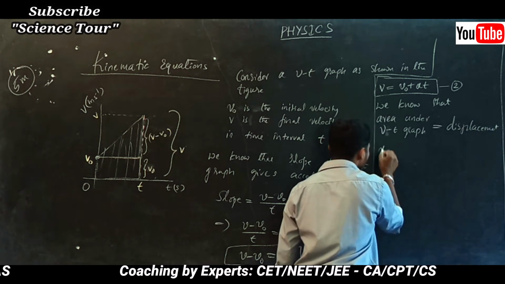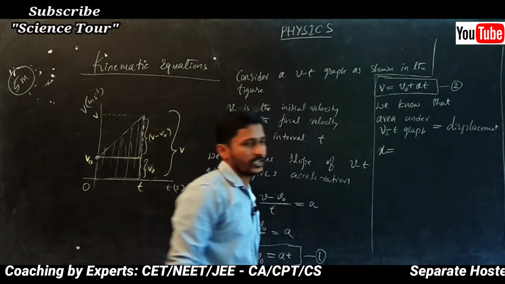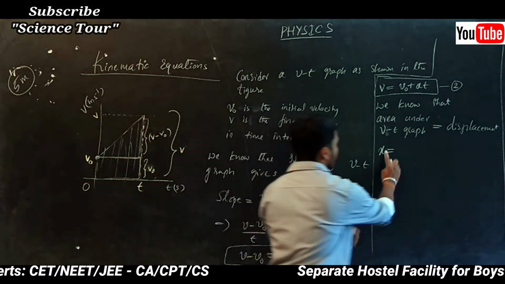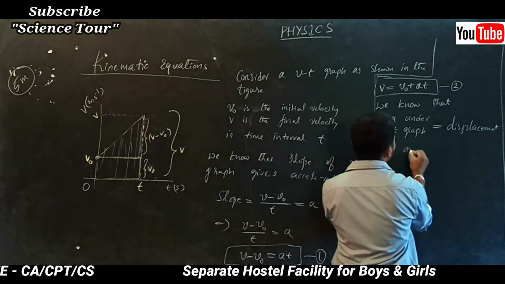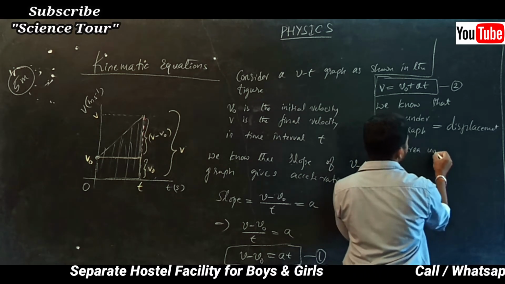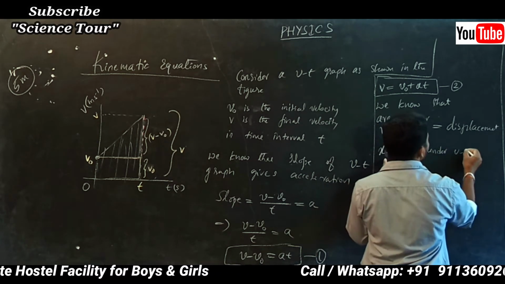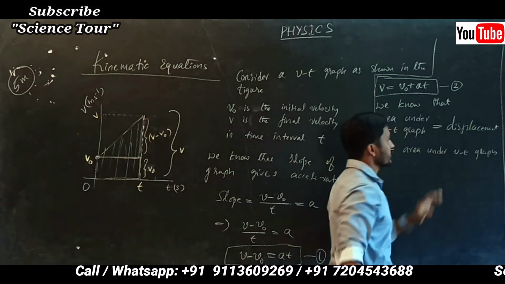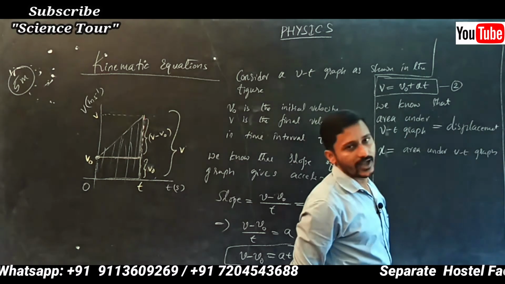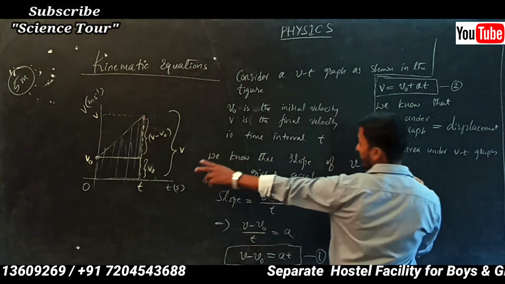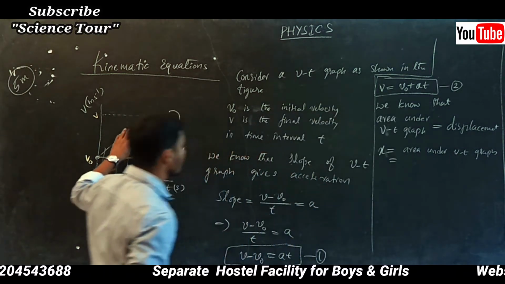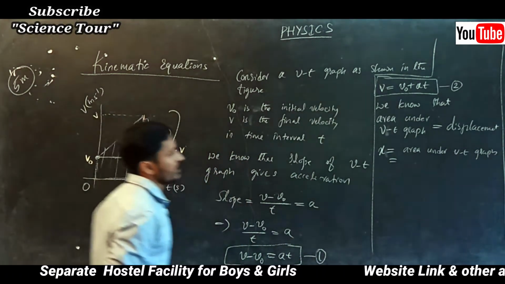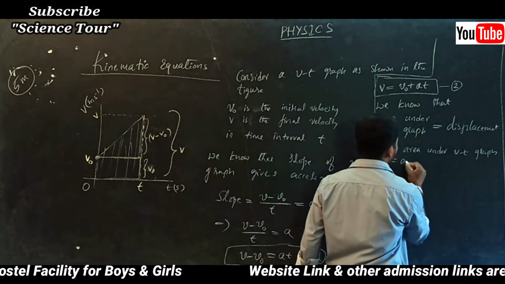So displacement you are going to write down as x. So x is equal to area under Vt graph. Displacement I have brought here, area I have brought there. So what is area under Vt graph? It is nothing but the area of the triangle plus the area of the rectangle.